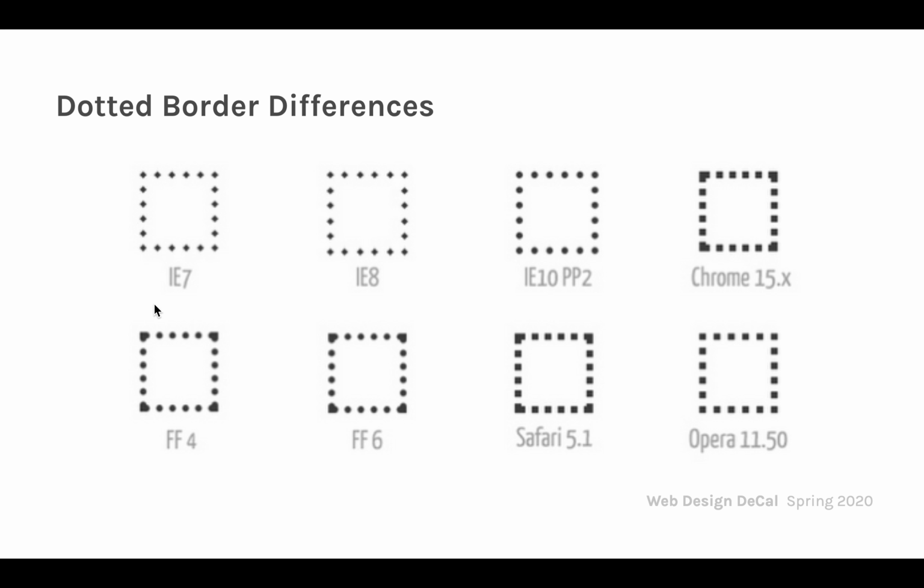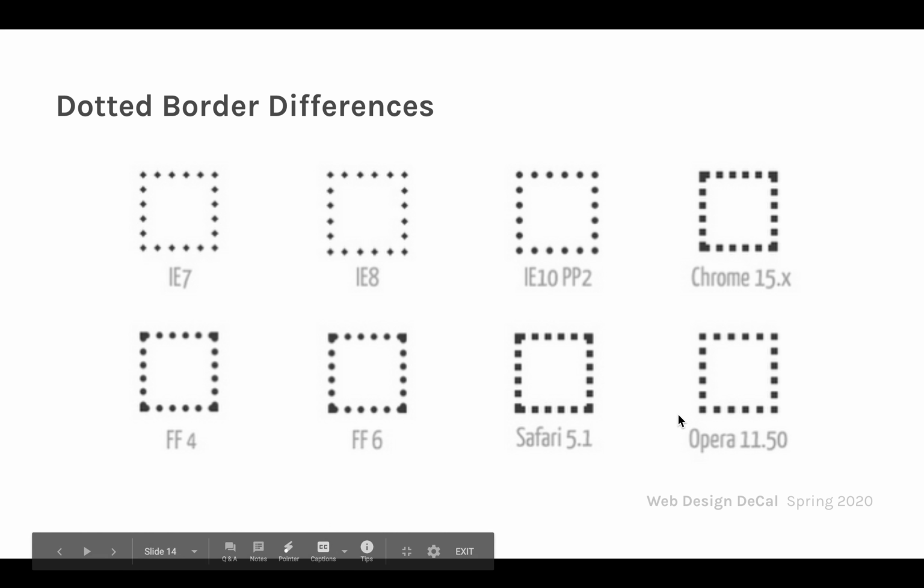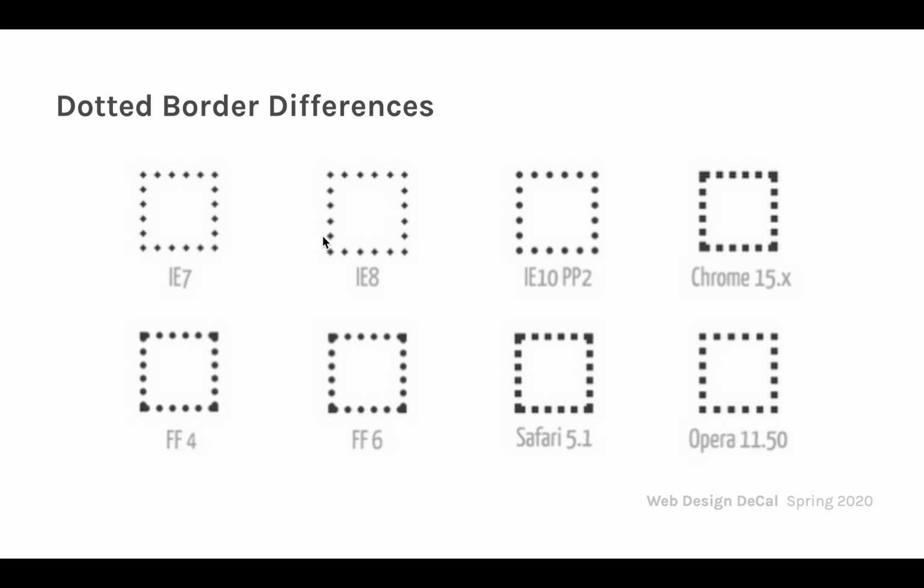So you can see for Internet Explorer 7, it'll be this. 8 is a little similar, but when we look at Firefox and Safari, they look very different, right? These tend to look more like little diamonds, whereas this is a dot, and these are like dashed rectangles, yada, yada, yada. So you get the point.